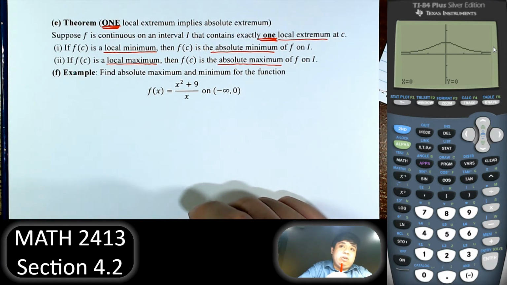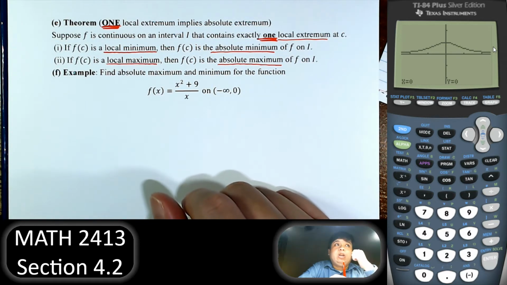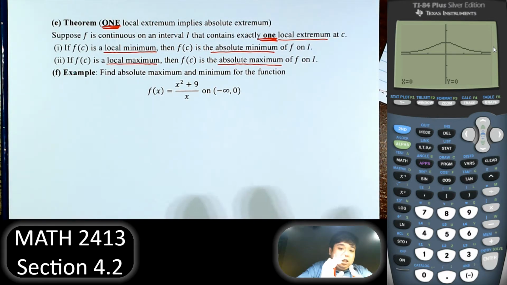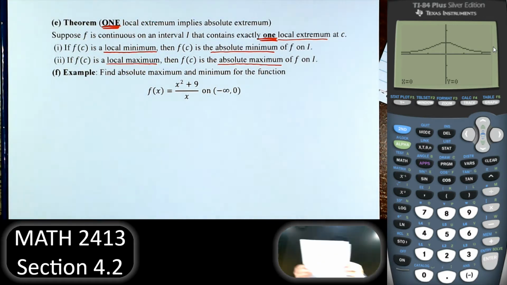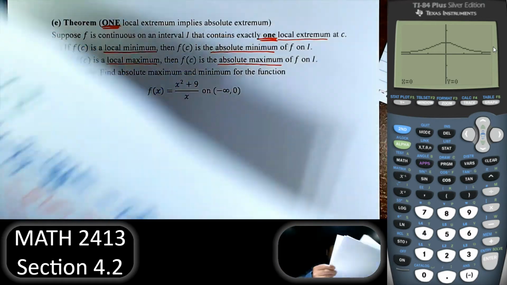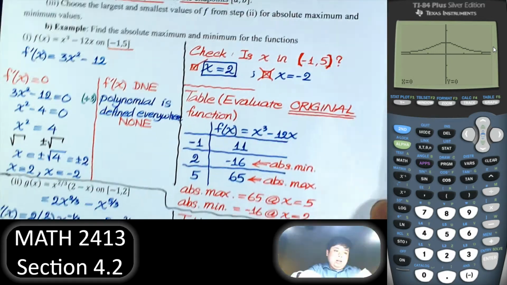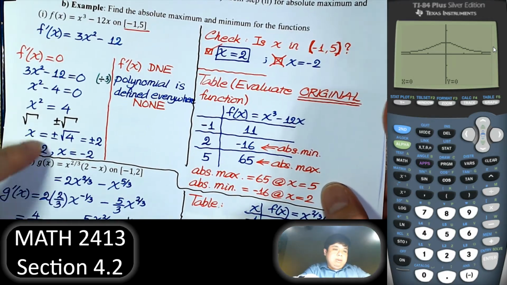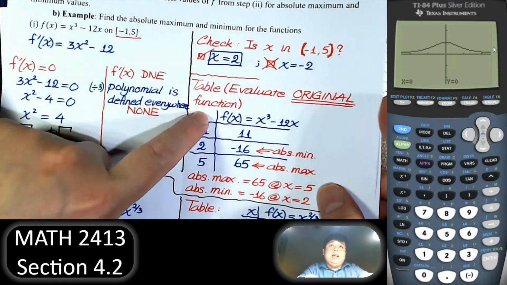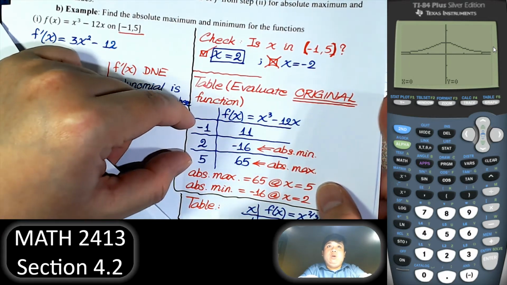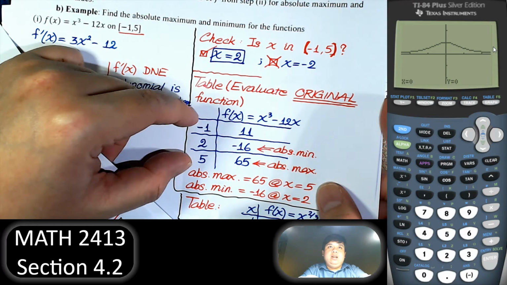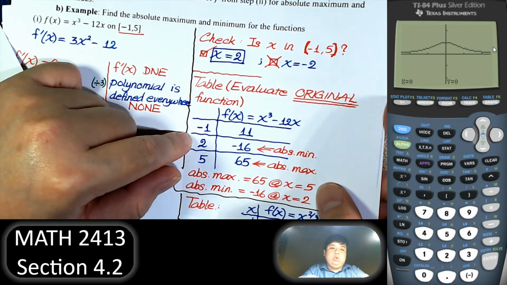The second observation is that if we find absolute max and absolute min, from the previous section, we find the critical points in the interval and then test them in the table. So if we put them in the table, we have to know the endpoints and the critical points in between.